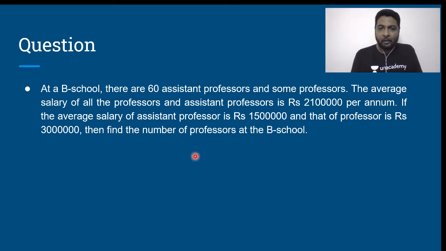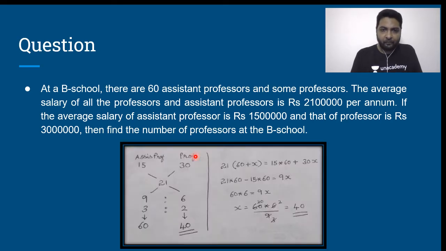Now, if we try to solve it in the traditional way, how would we solve it? Because these 5 zeros are common, I'm not writing those 5 zeros in the solution. Total salary: the average salary is 21 lakhs per annum and there are 60 assistant professors.